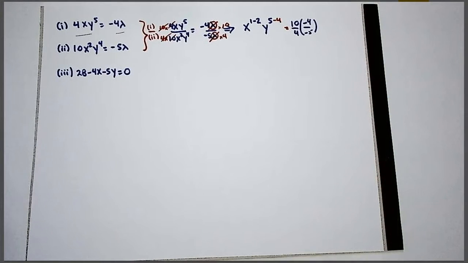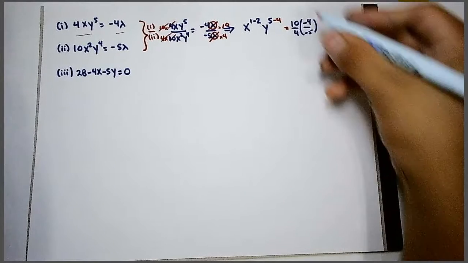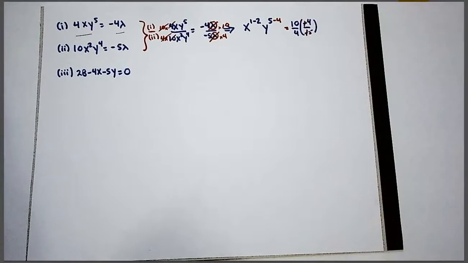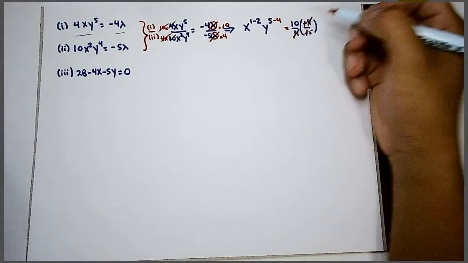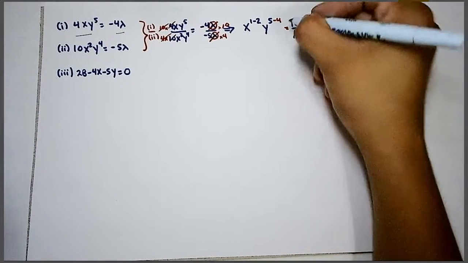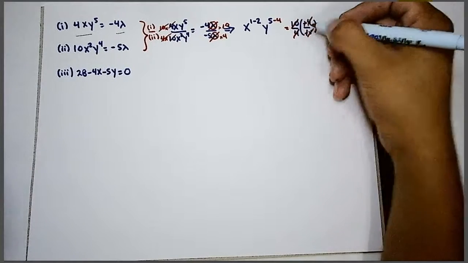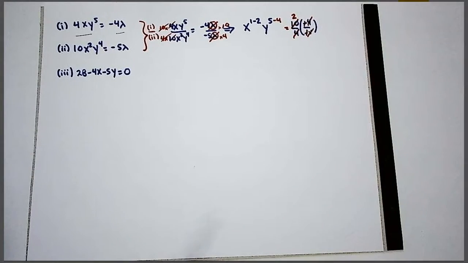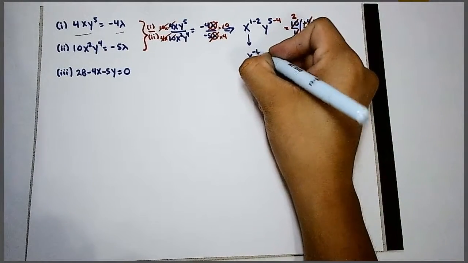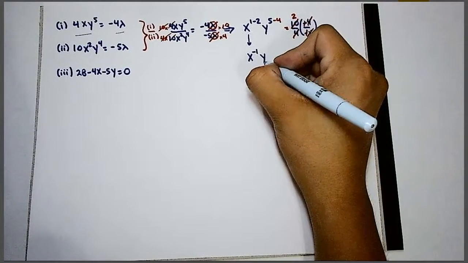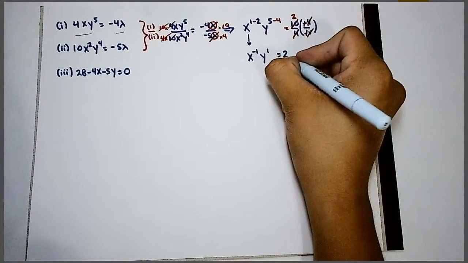Now you will notice something interesting. Here the negative and negative disappears. Then 4 and 4 disappears. And 10 divided by 5 is 2. And then this is x to the -1, and this is y to the 1 equals 2.